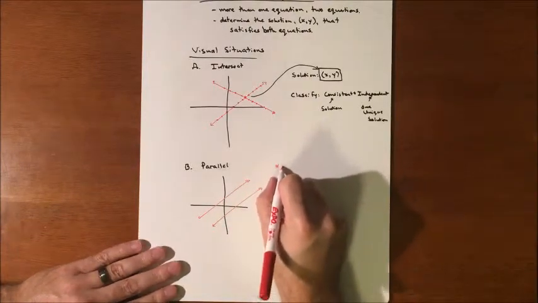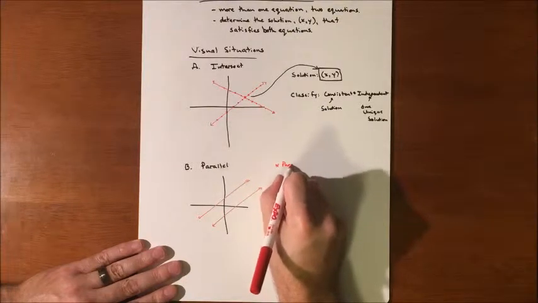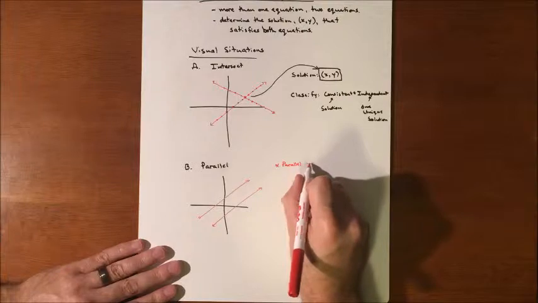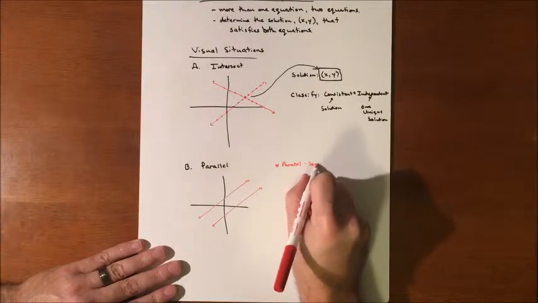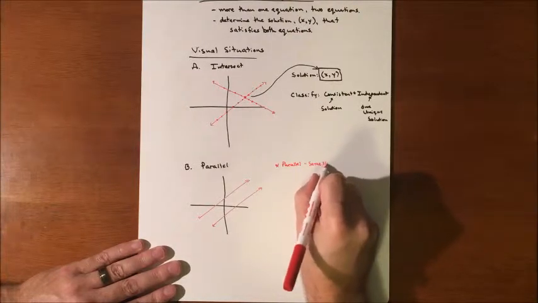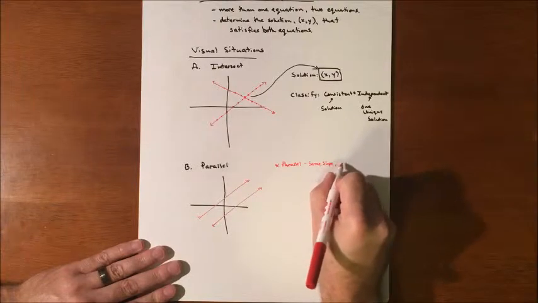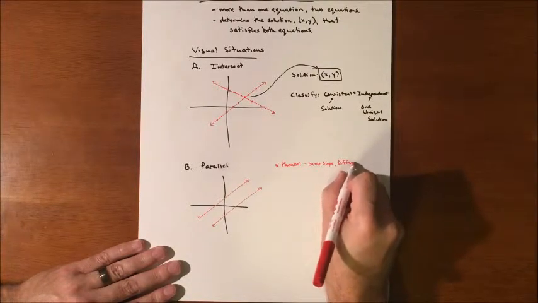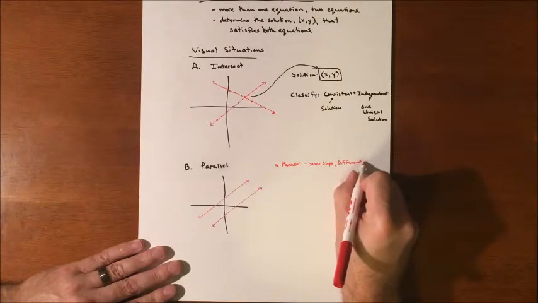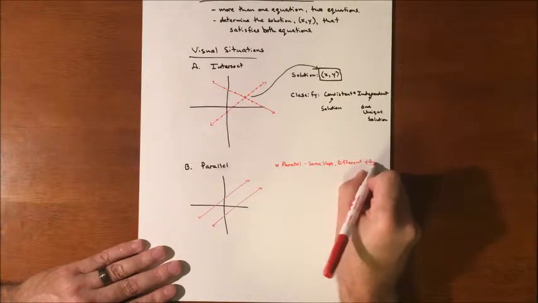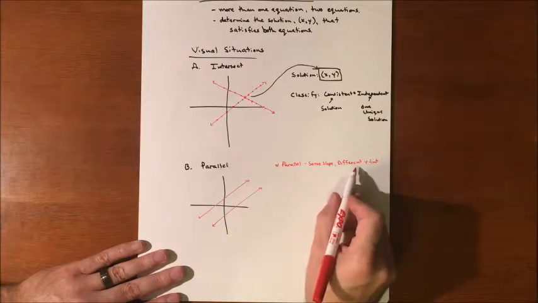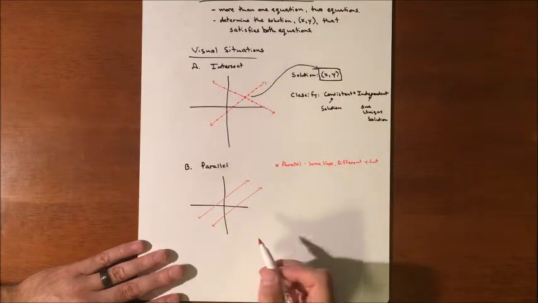In order for two lines to be parallel, remember that they have to have the same slope but they have to have different y-intercepts. So you may even recognize that before you graph it, which is great. But they're going to share the same slope but have different y-intercepts, and they're not going to cross.